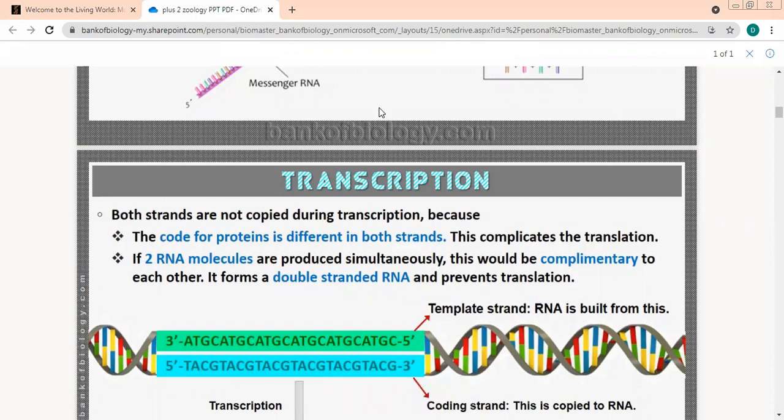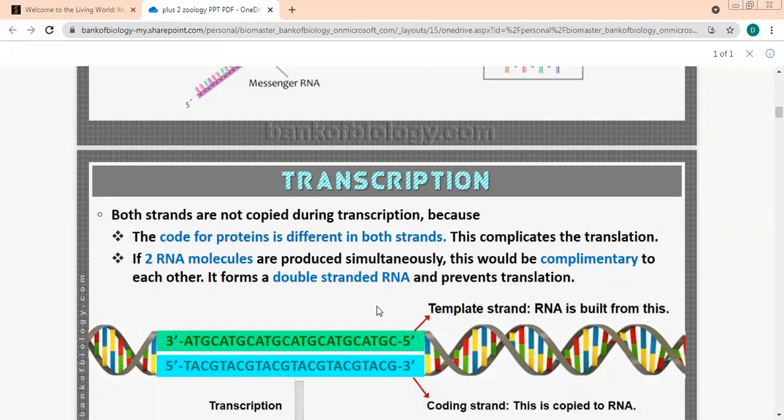We'll get two RNA molecules if both of them are copied. Obviously they will be single stranded and they would be complementary. And if we have two complementary RNA strands close to each other, immediately they'll form a double helical structure and they will form a double stranded RNA and then translation will be prevented.